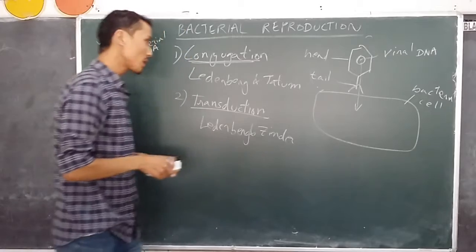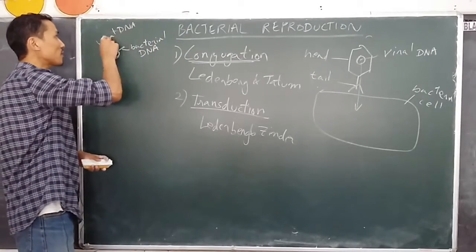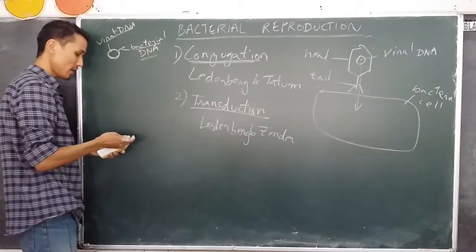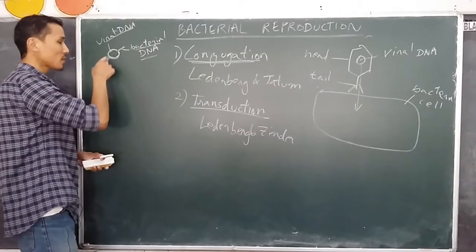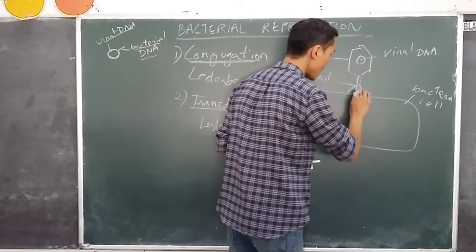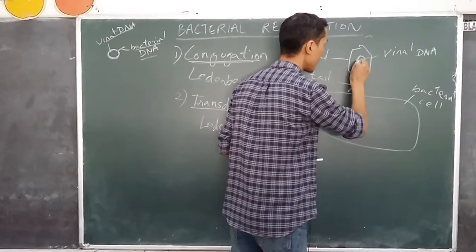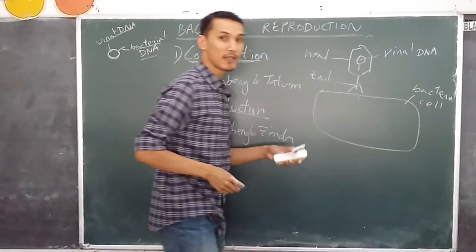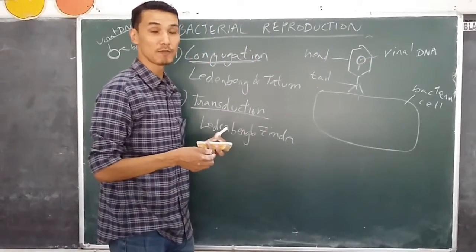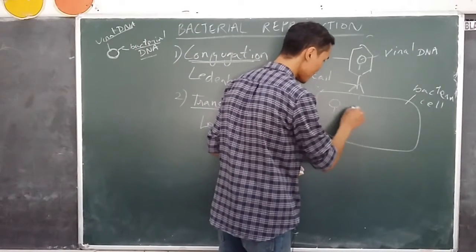So the bacteriophage that incorporates the viral DNA and the bacterial DNA looks like this. So this is the new viral DNA that contains both the DNA of the virus and the bacteria. It enters the cell.